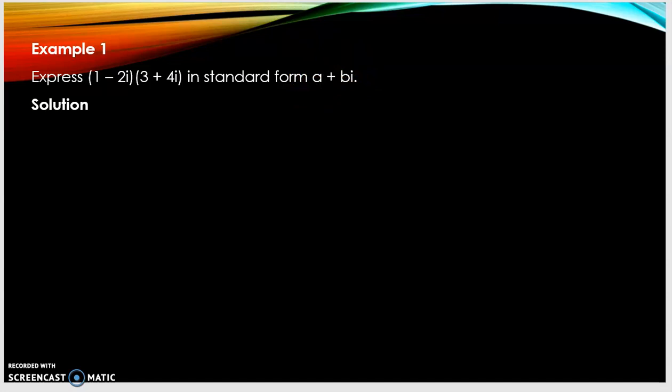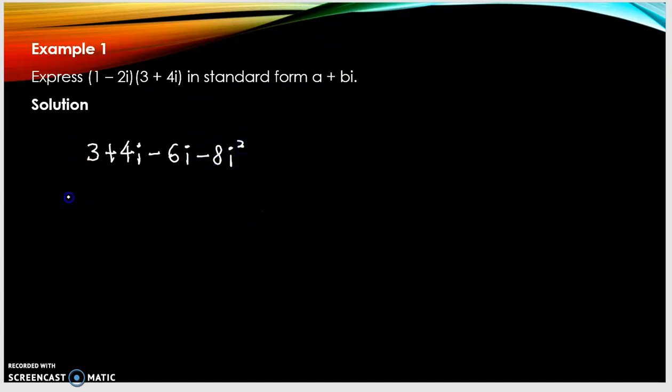So first, we try to expand. 1 times 3 gives 3. 1 times 4i gives 4i. Negative 2i times 3 is negative 6i. And then negative 2i times positive 4i will become negative 8i squared.